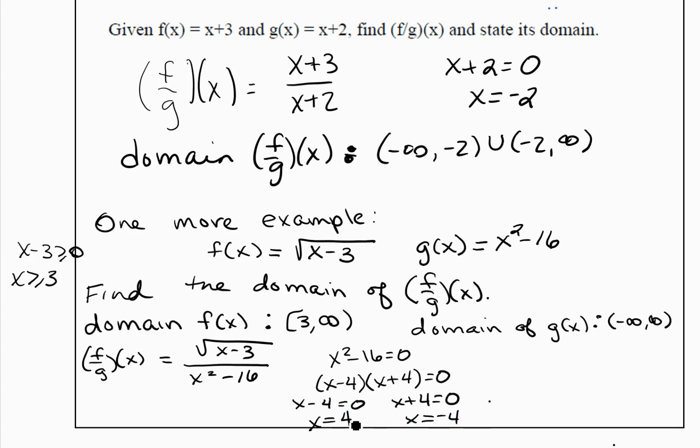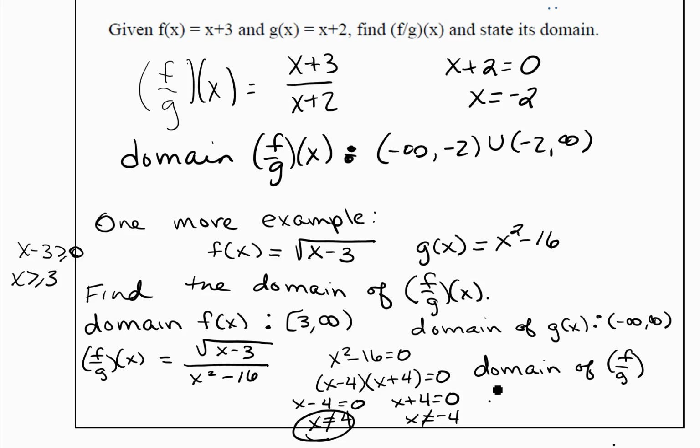So what we're really saying for our domain is that x is not equal to those. Well, we already knew that negative 4 couldn't be in our domain because we had already said that our domain couldn't include anything less than 3. So we now also need to leave out 4. So our domain of f divided by g, well, first let me write it out.